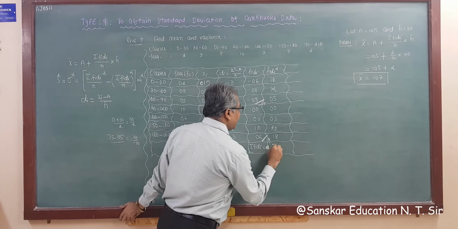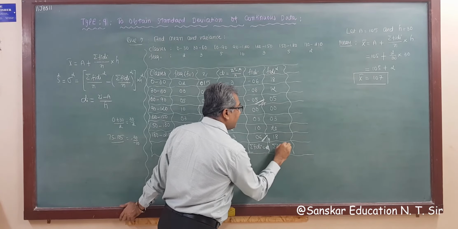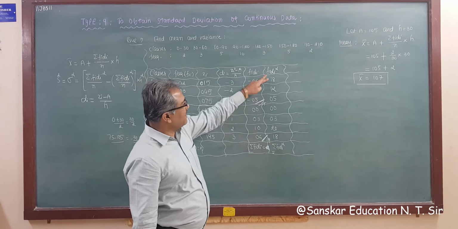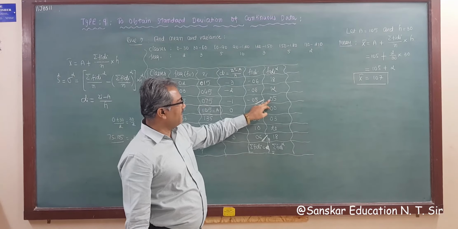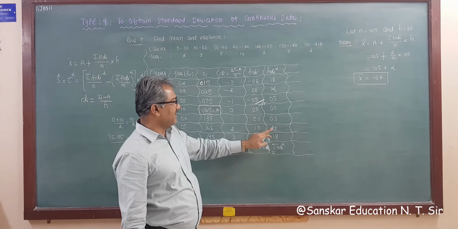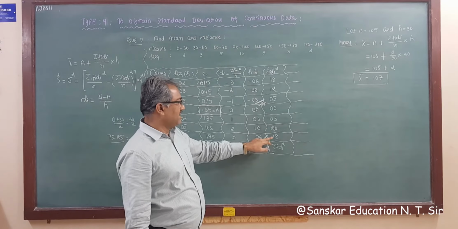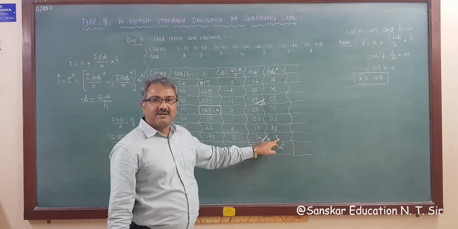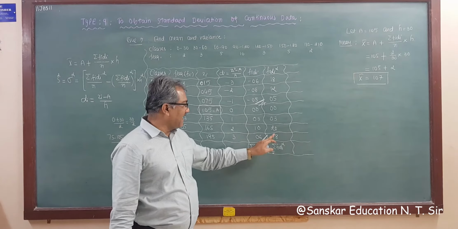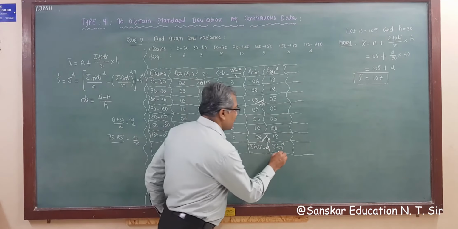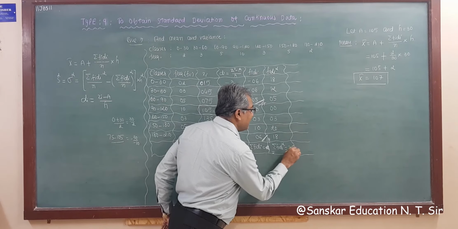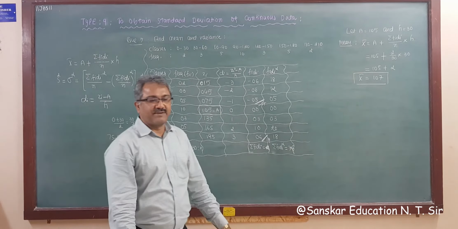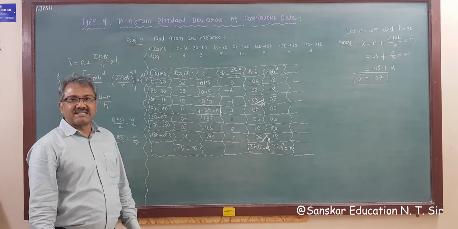So sigma fi di square is 18, 12, 30, 35, 38, 58, 64, 66 and 10, 76. So sigma fi di square is 76.